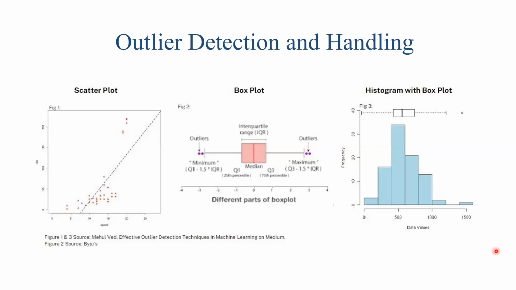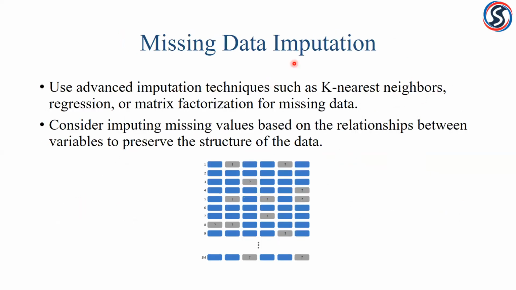While cleaning the data, the next part we are going to see is handling missing data. For example, I have some missing data. How can I fill that missing value with some other value? This is missing data imputation. Here we are going to use some advanced imputation techniques, something like k-nearest neighbor.